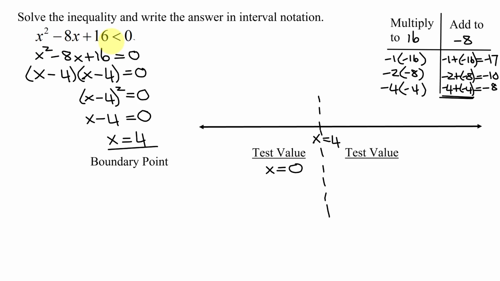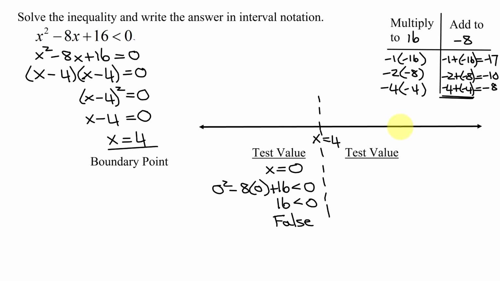Plug it into the original inequality. So I get 0 squared minus 8 times 0 plus 16. Is that less than 0? First two terms turn to 0, so I just get is 16 less than 0? That is false, so I do not want this region here.